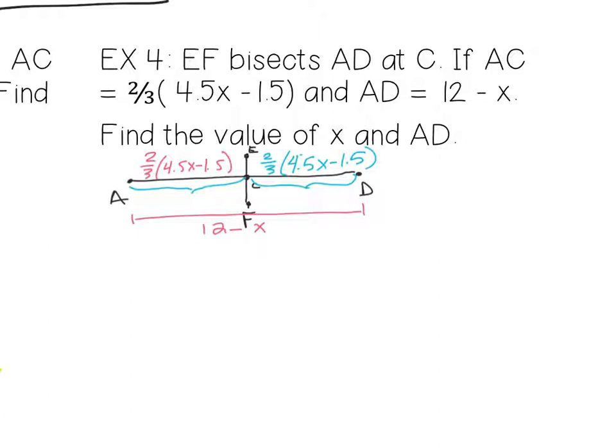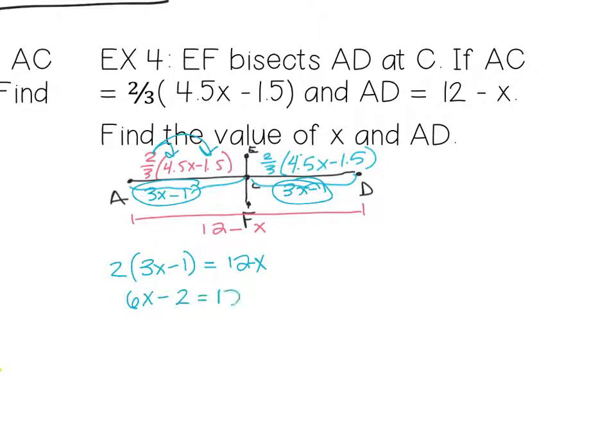So I'm going to go ahead and simplify these. I'm going to distribute that, and that actually ends up being 3x minus 1. So I've got 3x minus 1 times 2 equals 12 minus x. And I multiplied that by 2 because we have this one and this one. It's just easier than adding it twice. So that's 6x minus 2 equals 12 minus x.